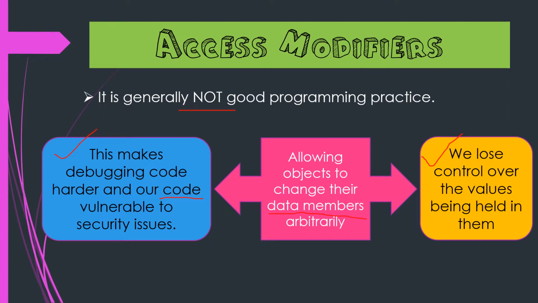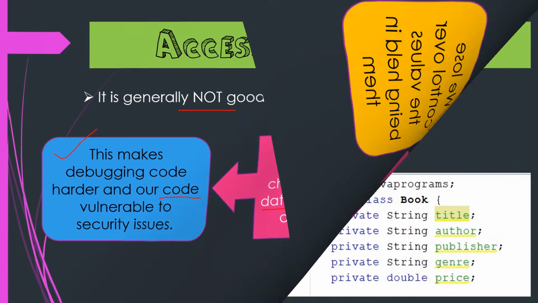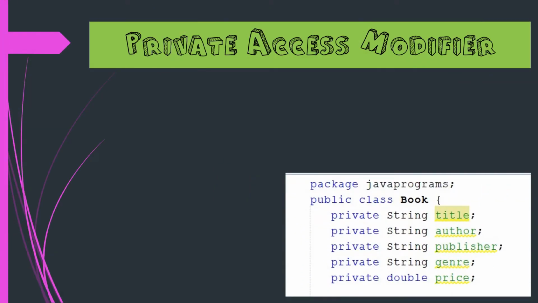That is why it is not considered good programming practice to keep data members public. So now I hope you are clear why we use access modifiers: as the name indicates, we are controlling who can access the members. We are modifying the access, and that is why we need access modifiers.